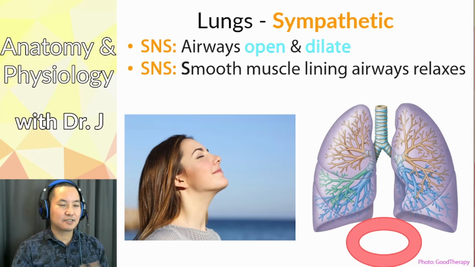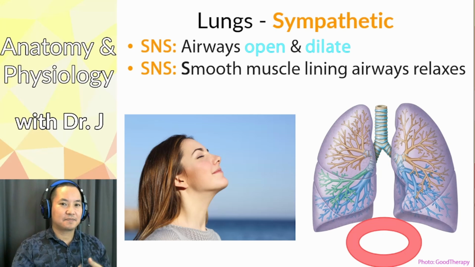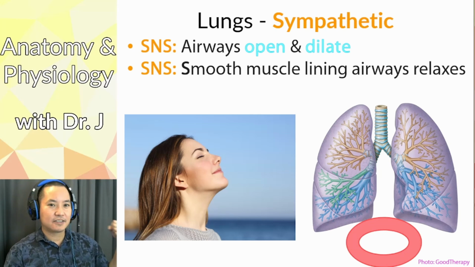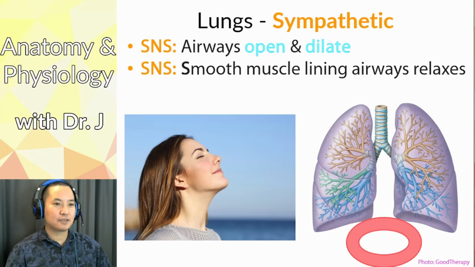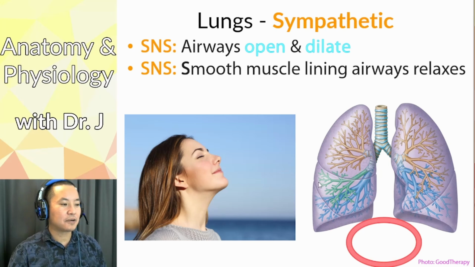Now, is it easier to squeeze through a wide open door or a partially closed door? The wider you open these airways, the more airflow you can have, just like opening a window all the way versus partially shut. You're going to get more airflow through a wider opening. So same with the airways. If they relax, you're going to allow more air in. So this is what the sympathetic activity does.